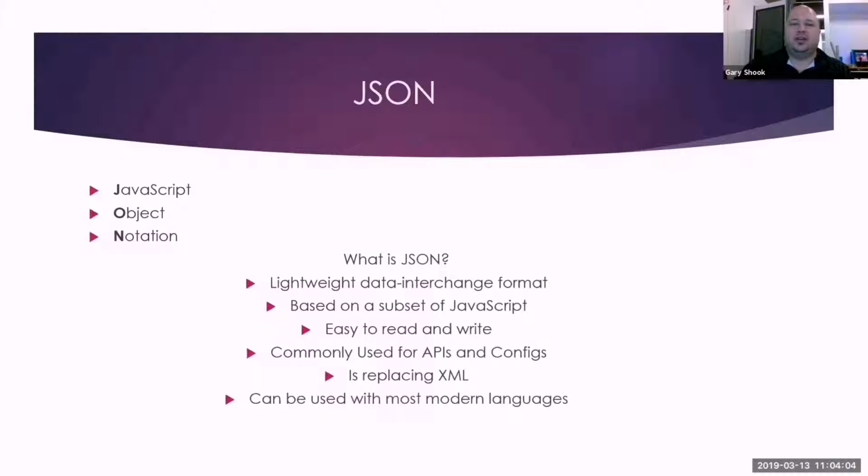It's easy to read compared to something like XML, since it's much cleaner and there's not as many opening and closing tags to worry about. It also integrates very nicely with JavaScript, since JSON is just a subset of JavaScript, which means anything you write in JSON is valid JavaScript.